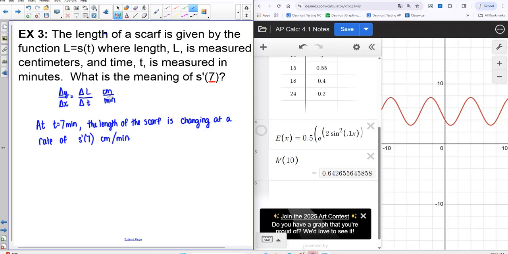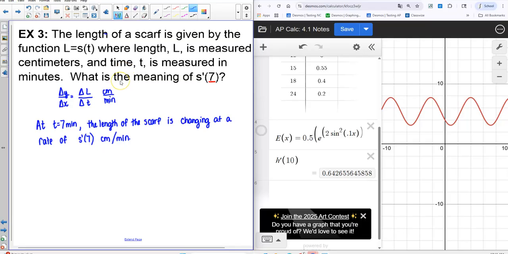If I said at 7 minutes, the length of the scarf is changing at an instantaneous rate of s prime of 7, that would be okay. By saying at t equals 7, you are implying that it's instantaneous right there. So it's the same thing, but due to the context and the wording, it's a little bit different.